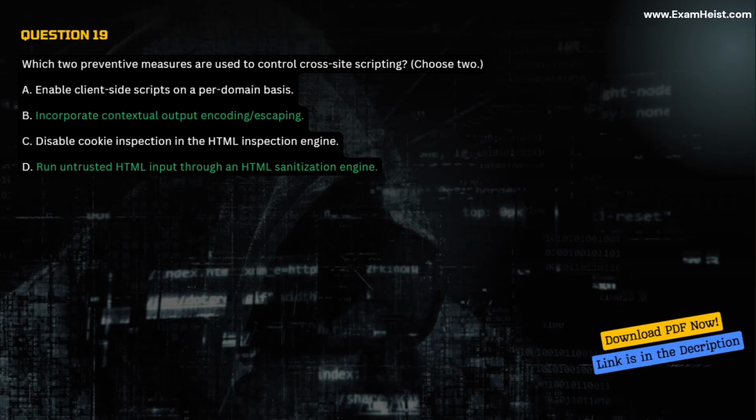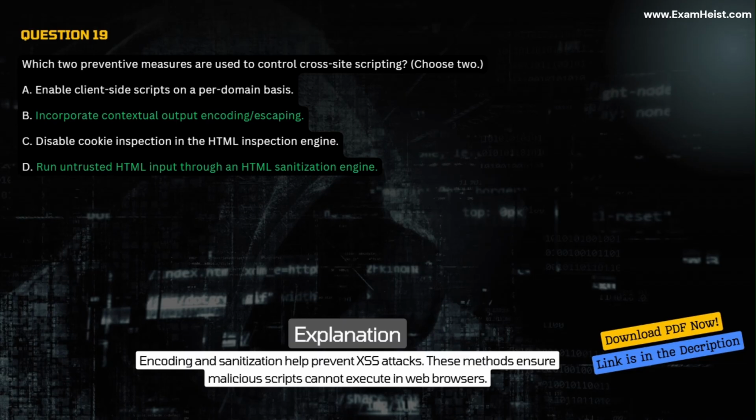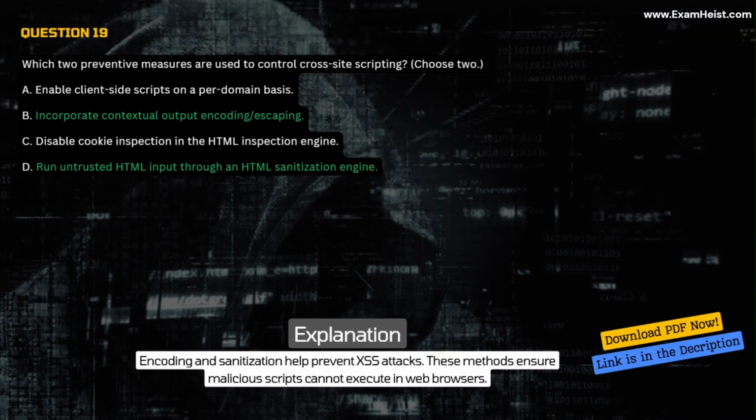Correct answer B and D. Incorporate contextual output encoding/escaping. Run untrusted HTML input through an HTML sanitization engine. Explanation. Encoding and sanitization help prevent XSS attacks. These methods ensure malicious scripts cannot execute in web browsers.